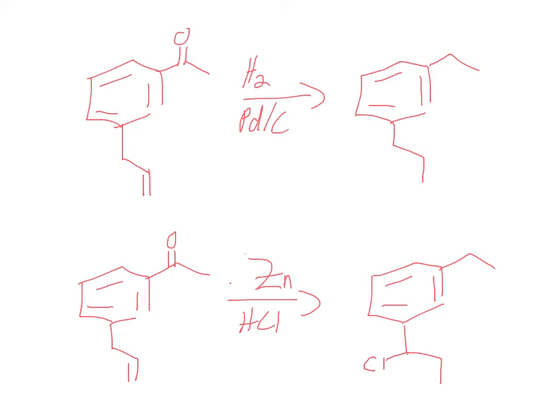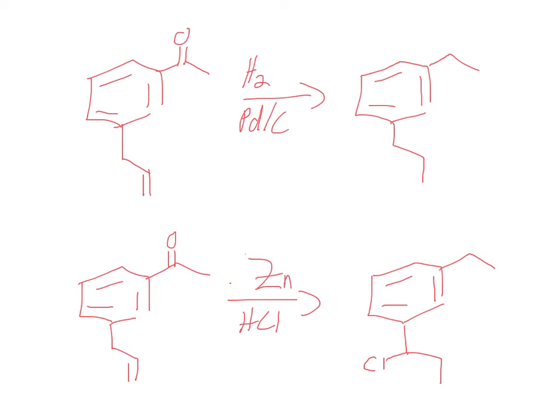It didn't, because zinc and the HCl are doing something else, but then HCl by itself, right? Don't forget, so H2 palladium on carbon, zinc HCl, and H2NNH2, OH minus, the Wolff-Kishner, reduce benzylic carbonyls. But that's not to say that those reagents also don't react in other places. You guys learned today about OH minus.